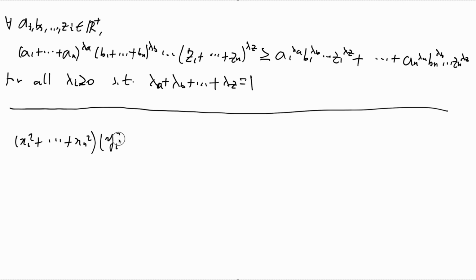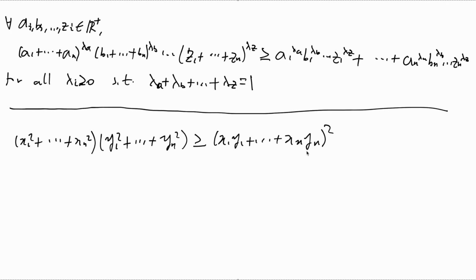This whole thing multiplied is always greater than or equal to square roots of. Never mind, why do we have square roots? I was suddenly confused with AM-GM. I should not be, but don't worry, this video will be credible, I hope.